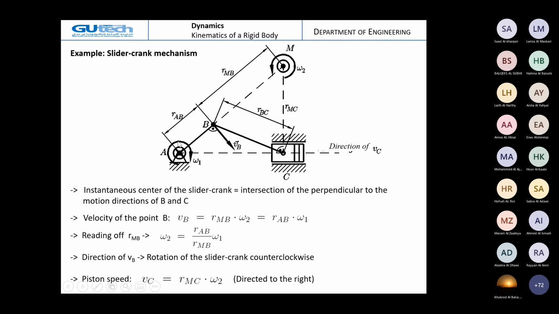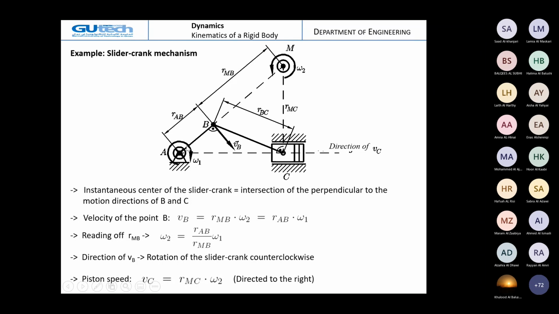Then we have omega 1, the point A, the point B, and the arm distance RAB. What we know is only VB, which can be determined from the velocity of point A plus RAB cross omega 1.